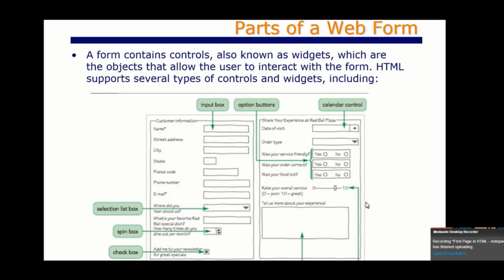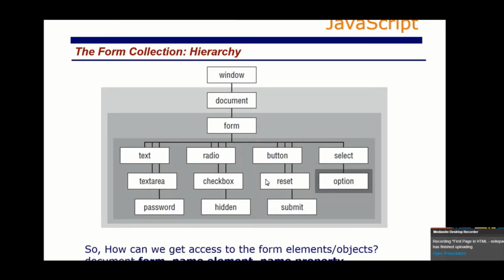Okay, so let's learn a little about these components to add them to our web page. Remember, for now we only use paragraph, break line, H1, H2, something like this. But we can start adding more elements like those. Okay, what happened here is we create a form.